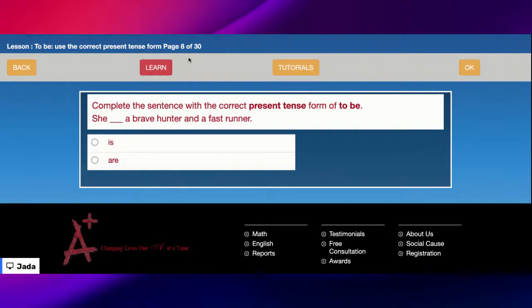She dash a brave hunter and a fast runner. So what's our answer here to this one? I want to see everybody participate, guys.